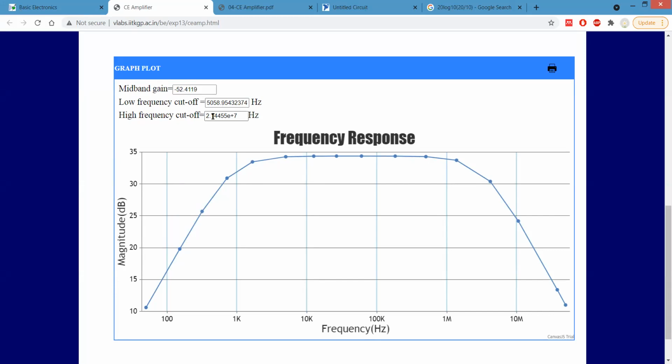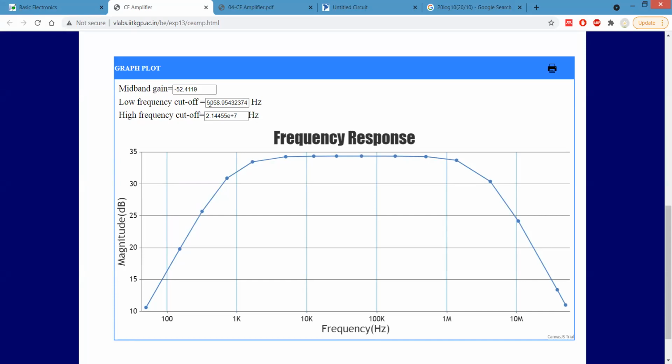The high frequency cutoff is 2 into 10 power 7 hertz, around 20 megahertz. And in this case the low cutoff is 5 kilohertz, more or less. So the bandwidth is from 5 kilohertz to 20 megahertz. It's a huge bandwidth for this application.